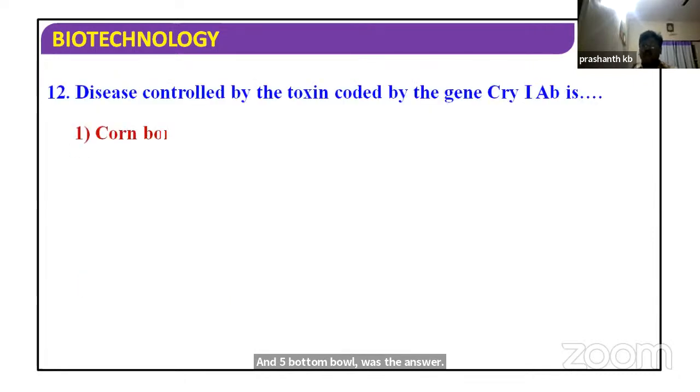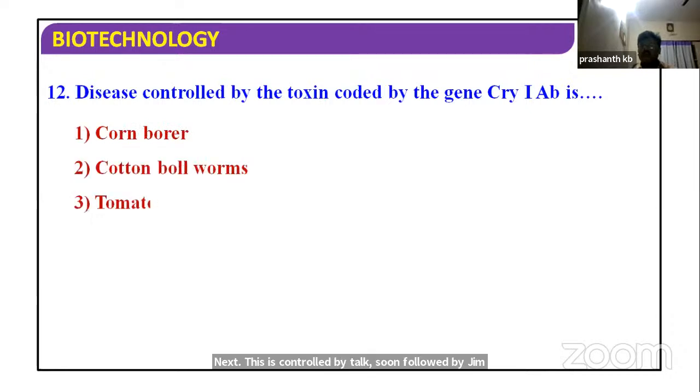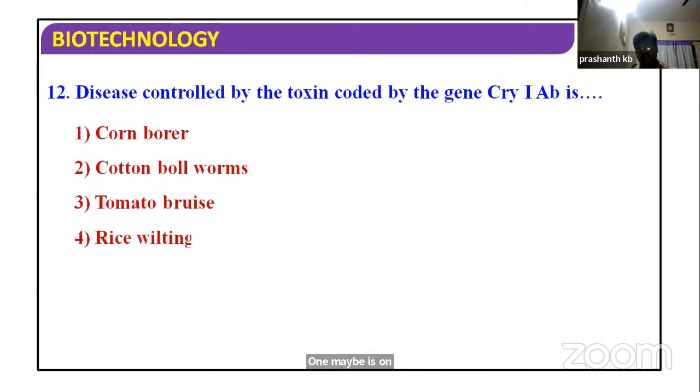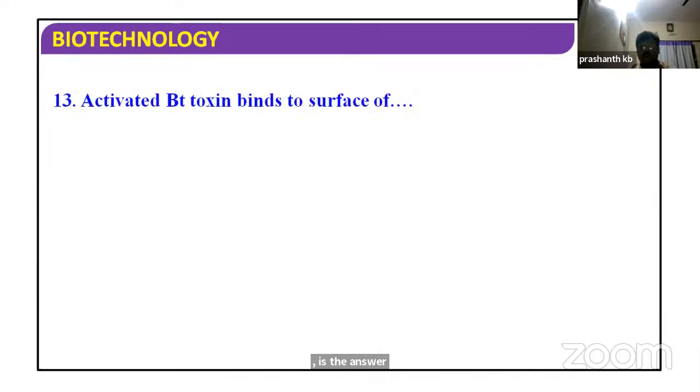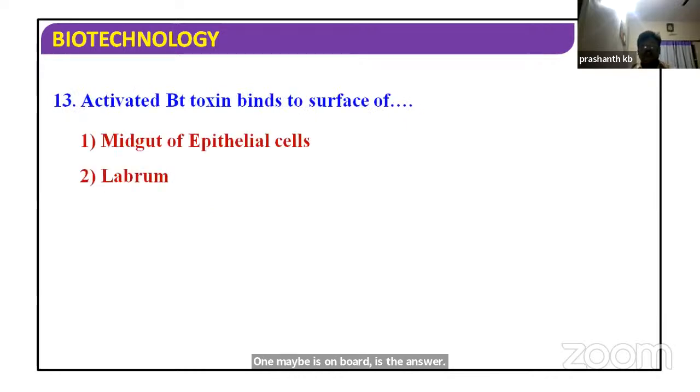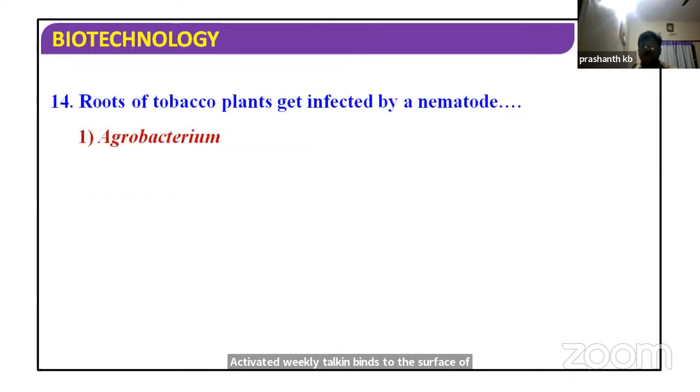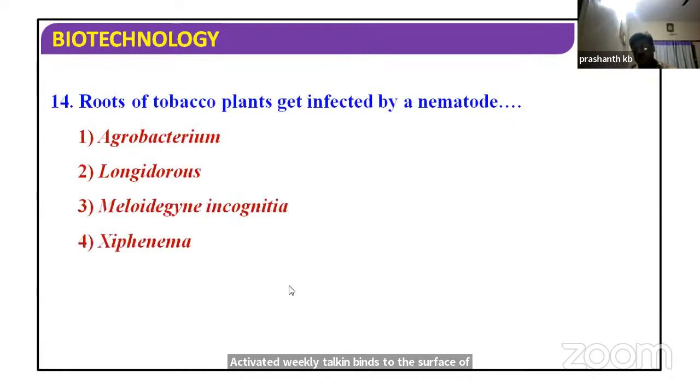Next, this is controlled by toxin coded by gene Cry1Ab. Corn borer is the answer. Activated BT toxin binds to the surface of midgut epithelial cells. That is the answer. Root of tobacco plant gets infected by a nematode called Meloidogyne incognita.